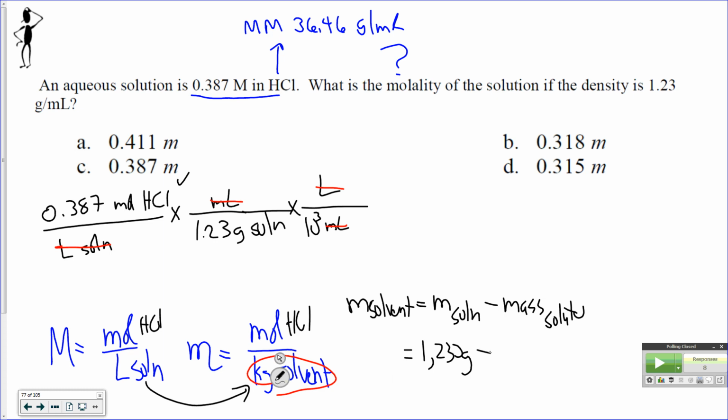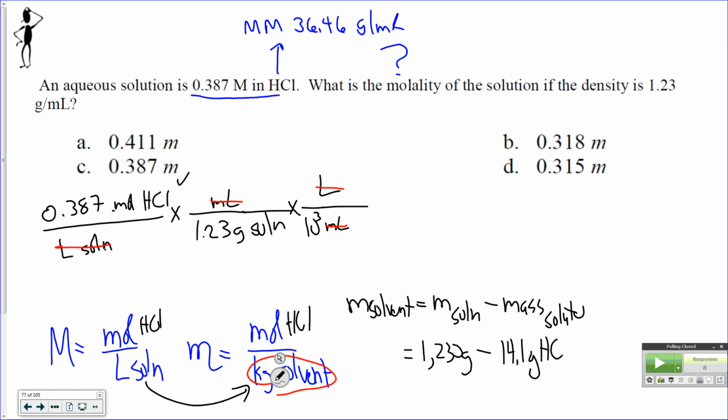Now, how much of that is the solute? Well, we know the number of moles, so if there's this many moles per 1 liter, and we know the molar mass, that means that there's 14.1 grams of HCl.